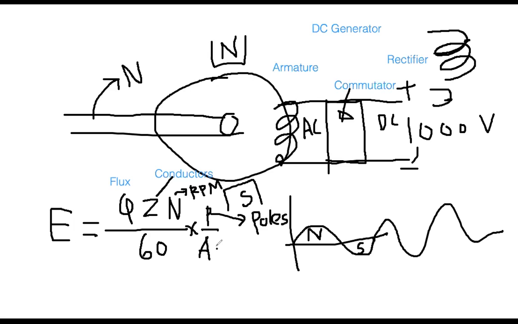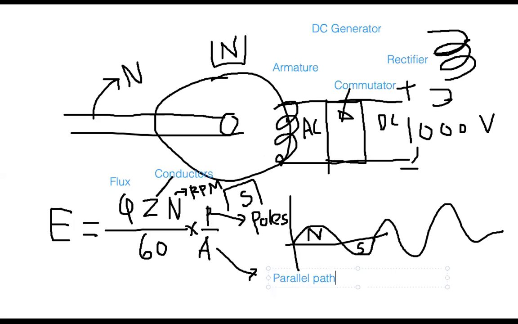And then A is called the number of parallel paths. Now here in real practice, in a real-world generator, I have just shown one set of coil just to explain the working principle.